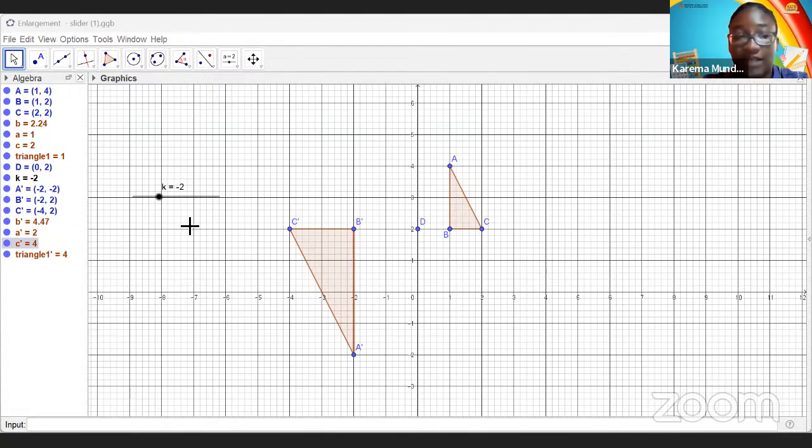All right, so you're going to tell me in the chat what you think would happen, before Miss does it, if we had a scale factor of -0.5. Let me know in the chat what you think would happen if we had a scale factor of -0.5.